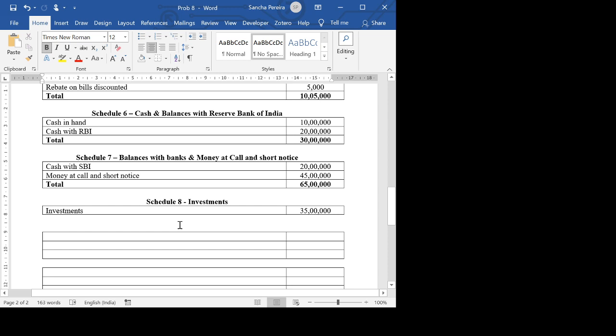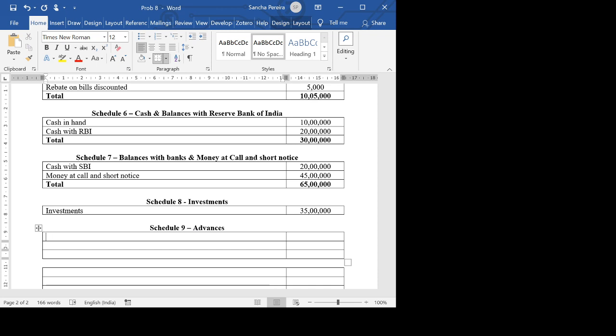Then we move on to Schedule 9, advances. So here you have loans and advances, which is given to you. Loans and advances, which is 50 lakhs.